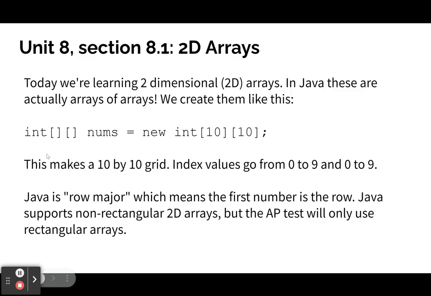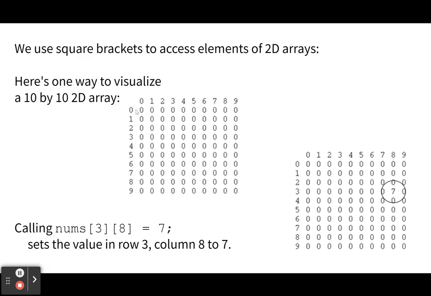So that 10 by 10 array, imagine that it is something like this. If we execute this command, int nums equals new int, it creates a 10 by 10 array that's full of zeros. The rows down here go from 0 to 9, and the columns go from 0 to 9. The contents of a default int array, just like we had with regular one-dimensional arrays, are all initialized to 0.